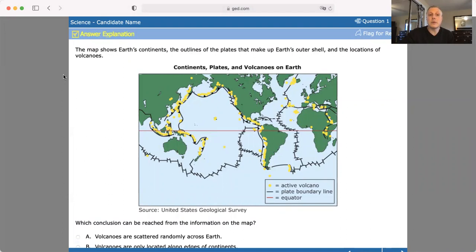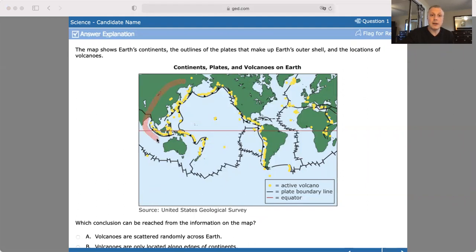So as we can see here, we have a map. So there's a little bit of geography. It says the map shows Earth's continents, the outlines of the plates that make up Earth's outer shell, and the locations of the volcanoes. And obviously here we can take a look at everything that is happening in the picture by highlighting the area where those volcanoes are, right?